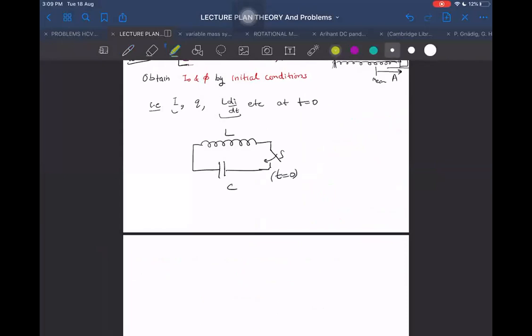In this case, initially it was charged. So it was having some charge, maybe I will take capital Q charge. The maximum charge was capital Q. At any instant of time, the charge will be small q. In the beginning, it is capital Q.